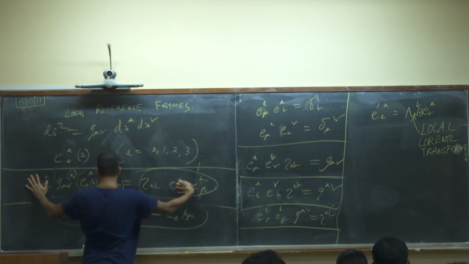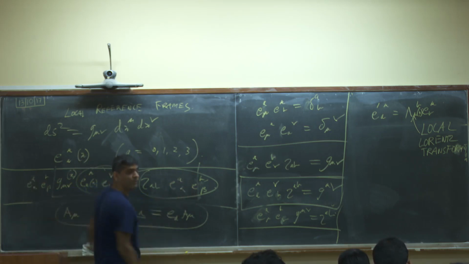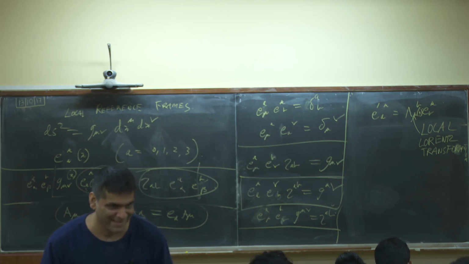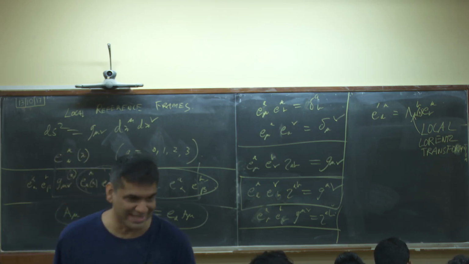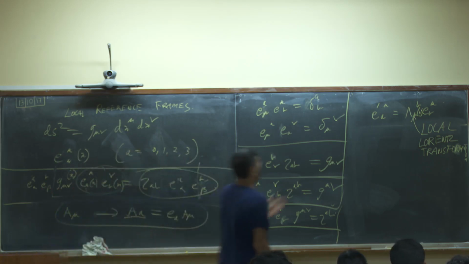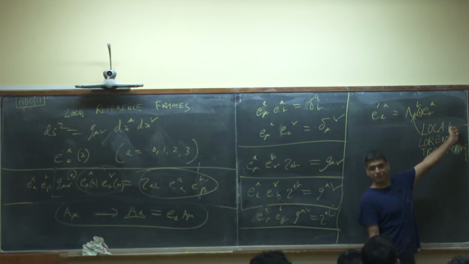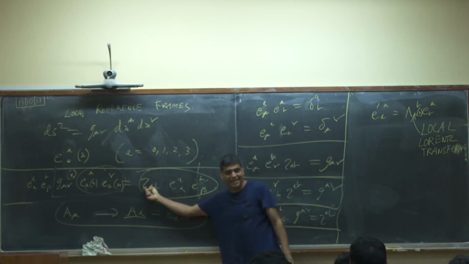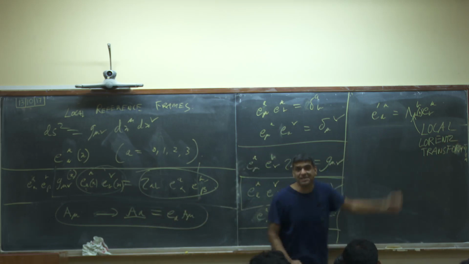Our E's obeyed these identities. We want to know how non-unique the set of E's that obey these identities are. So I do an arbitrary linear transformation first, and see that for it to continue to obey this identity, this linear transformation can't be arbitrary.